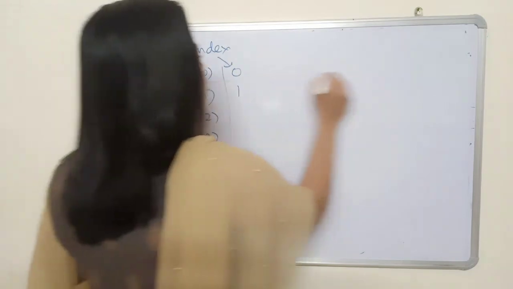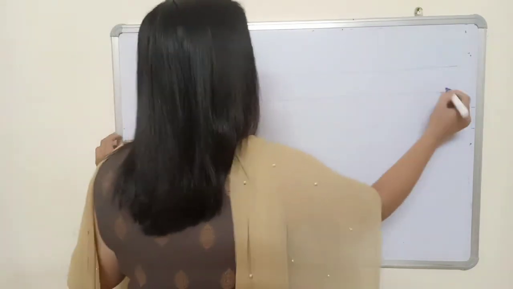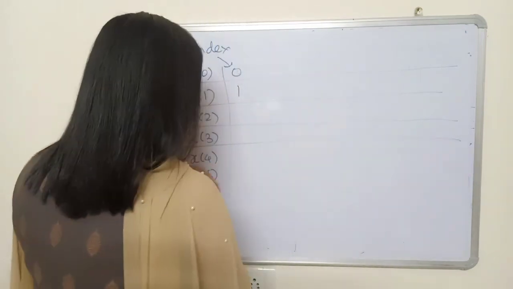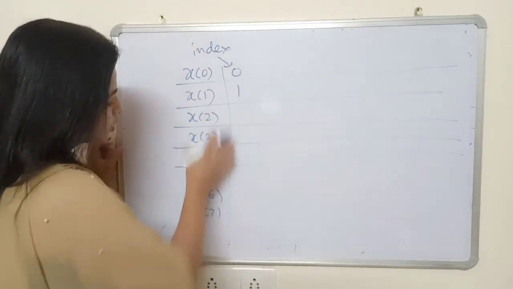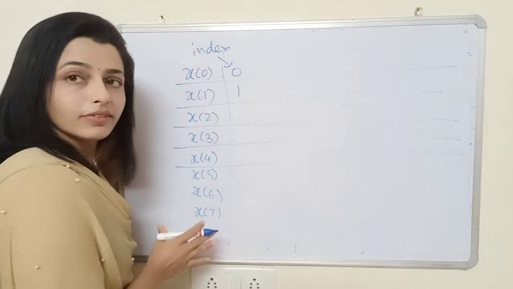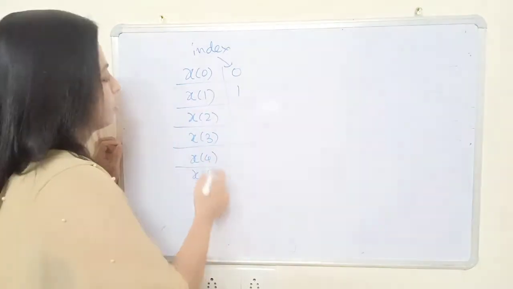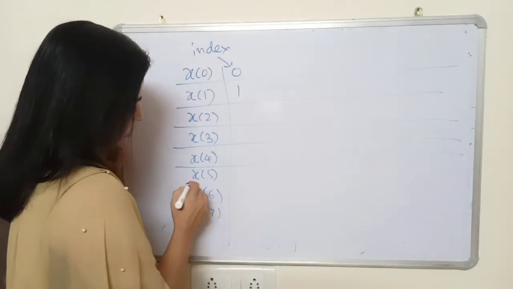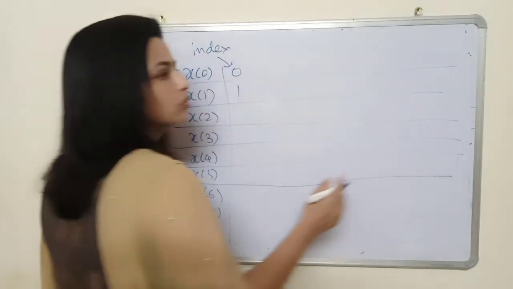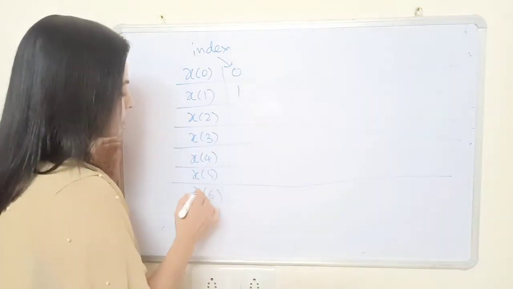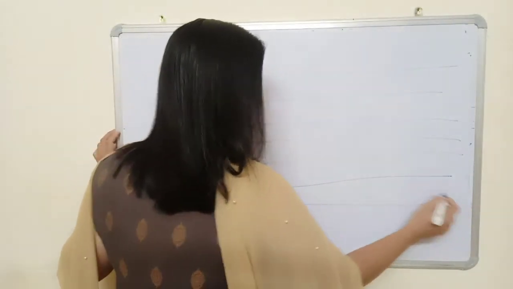I'll tell you now how to write that scrambled sequence, because if you use the sequence at the input of FFT as it is, then the output is going to be wrong, because the points are scrambled. When we do that division into even and odd sequences, the input gets scrambled.